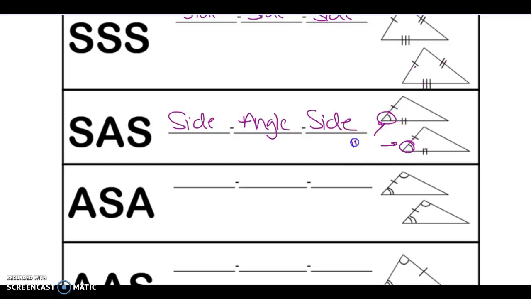Okay, that's your included angle. That is congruent. And then we have ASA, which is angle, side, angle. And this is where you have two pairs of congruent angles and their included side. Okay, remember that's called an included side.